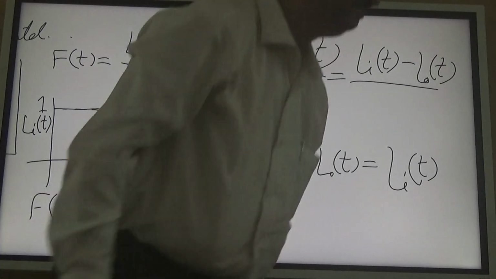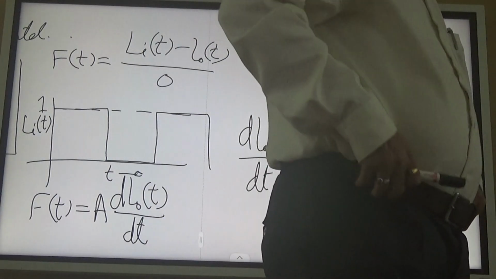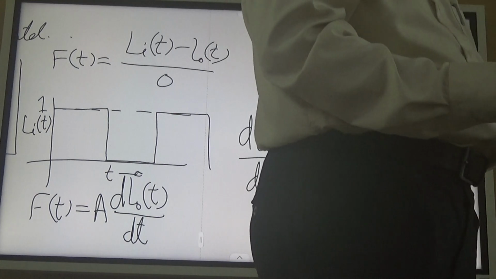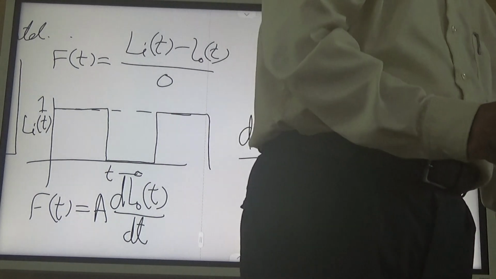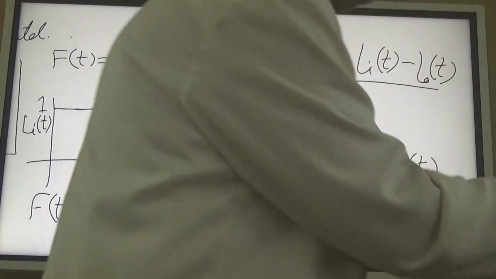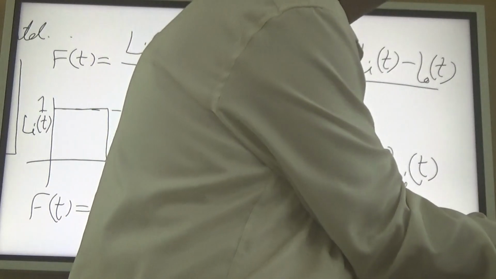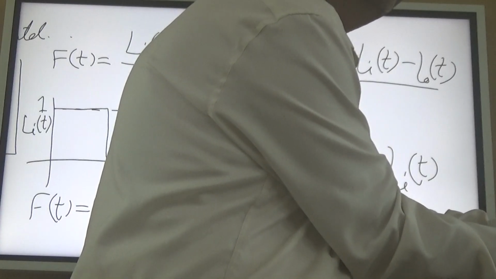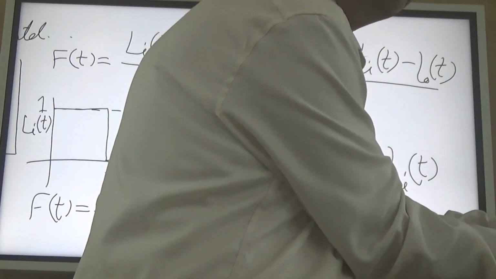What you can do is, you have this tank, this is the reference level. This tank you can put on a moving platform, and you can vary it in simple harmonic motion.